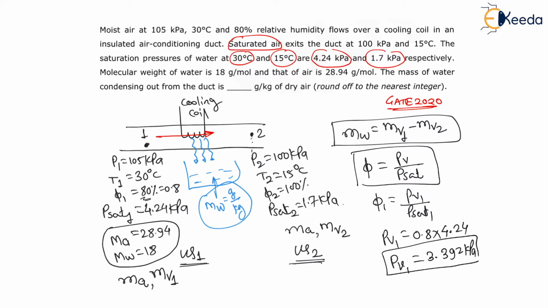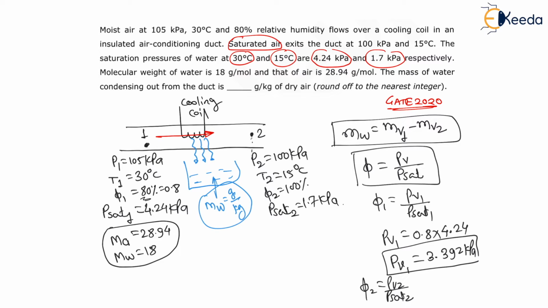And similarly, if I want to find vapor pressure at 2, then I have to write phi2. That is, phi2 is equal to vapor pressure at 2 divided by saturation pressure at 2. And my dear students, phi2 is 1, that is 100%. Therefore, vapor pressure at 2 is equal to saturation pressure at 2.